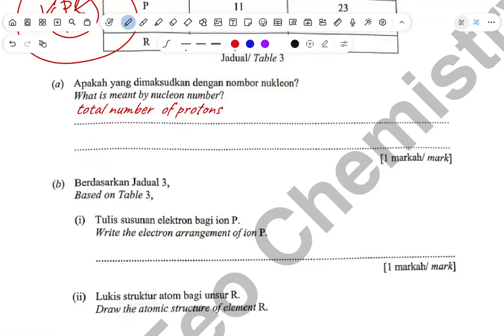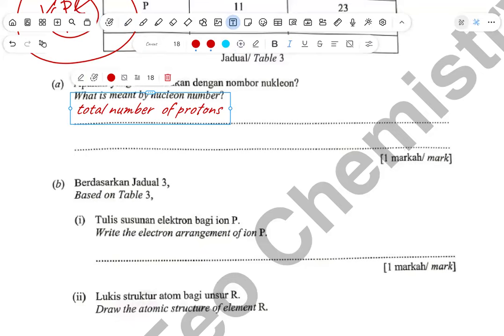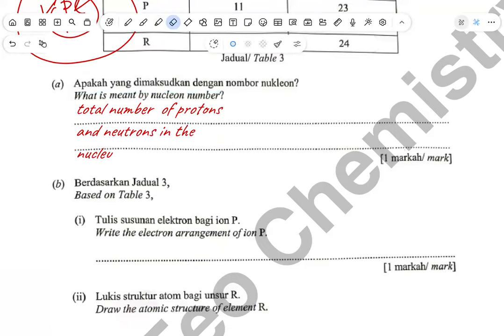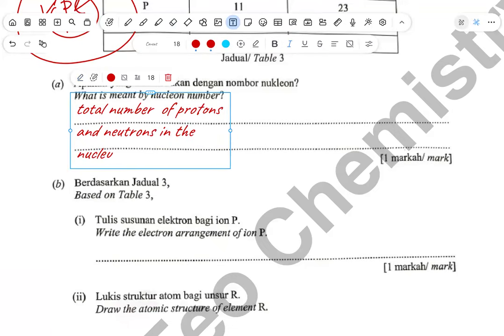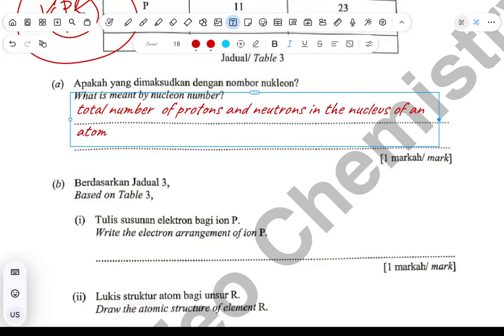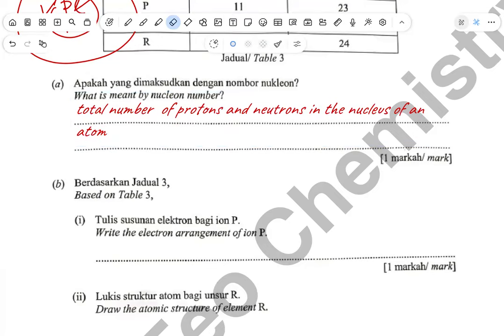Okay, hold on. How come I couldn't do this? Total number of protons and neutrons in the nucleus of an atom. So this should be the proper answer. Total number of protons and neutrons in the nucleus of an atom.